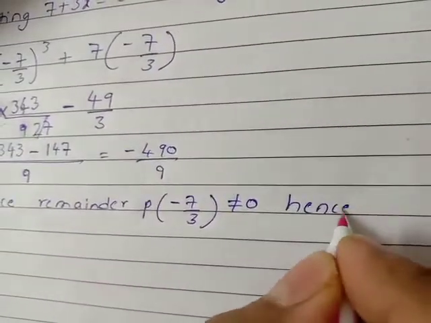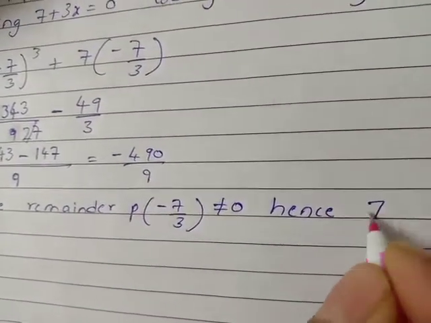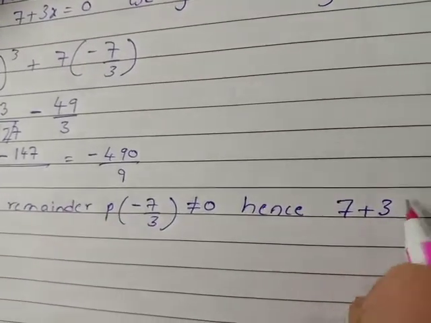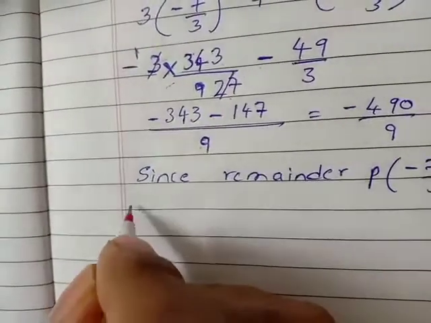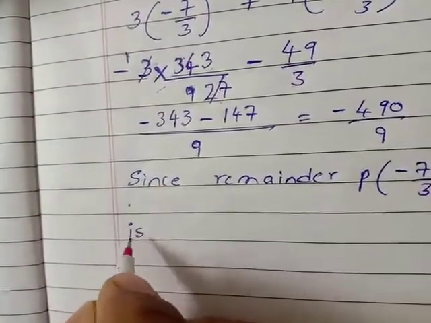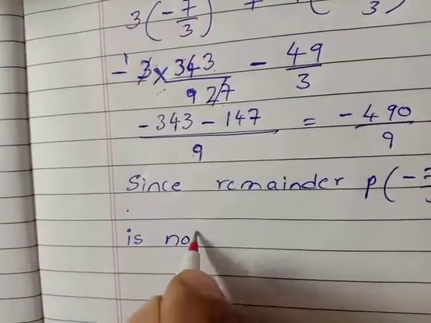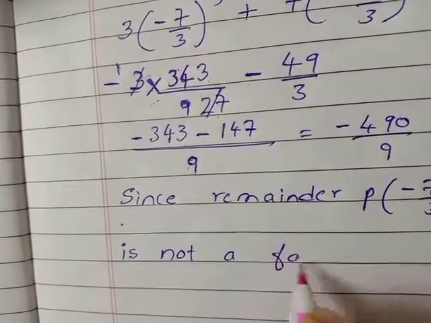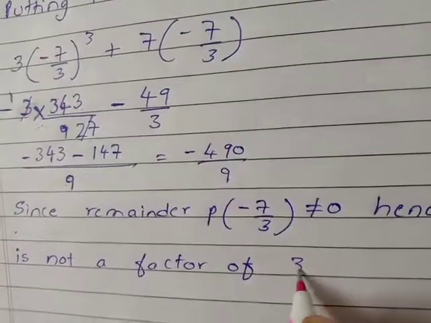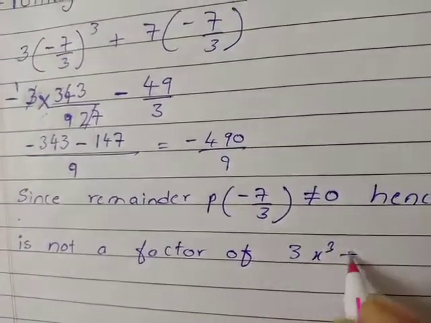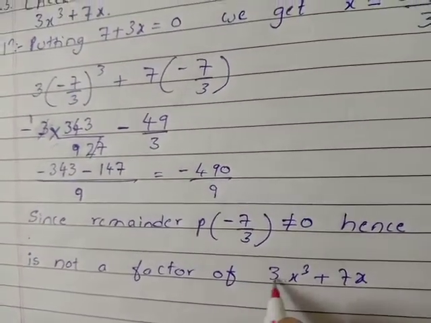Hence 7 plus 3x is not a factor of 3x cube plus 7x.